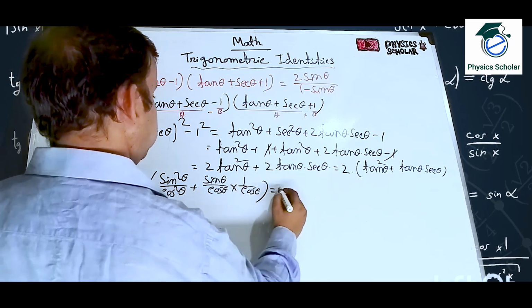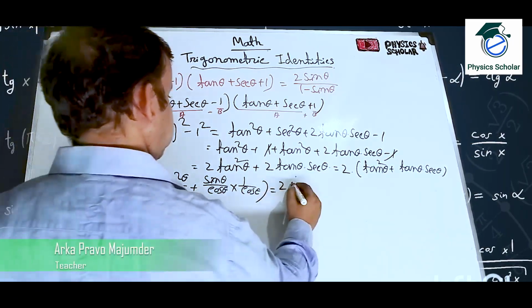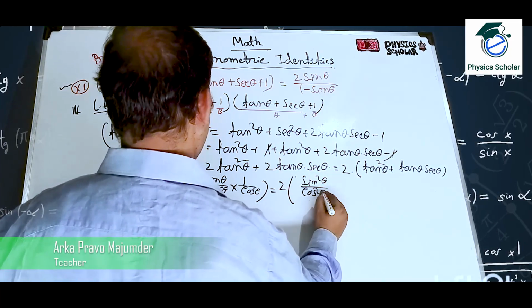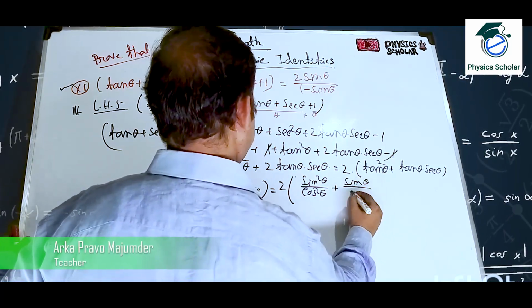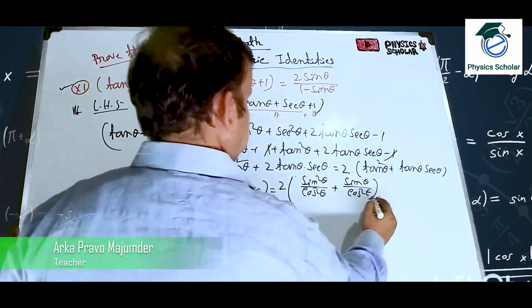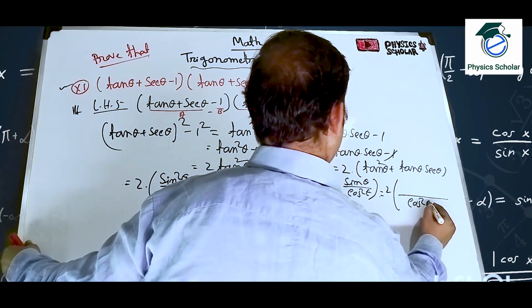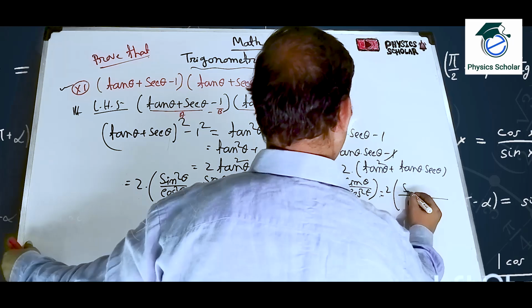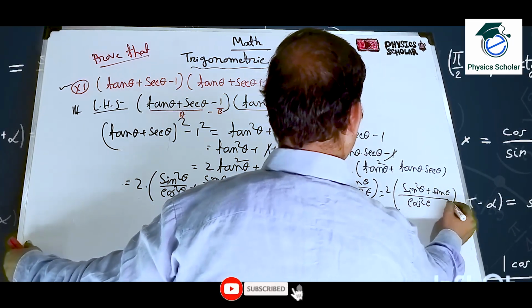Now 2 into sin square theta by cos square theta plus sin theta divided by cos square theta. So now cos square theta will be the LCM, so it will be sin square theta plus sin theta divided by cos square theta.